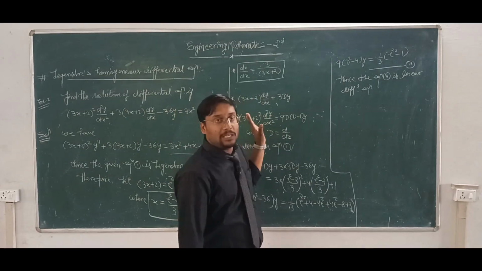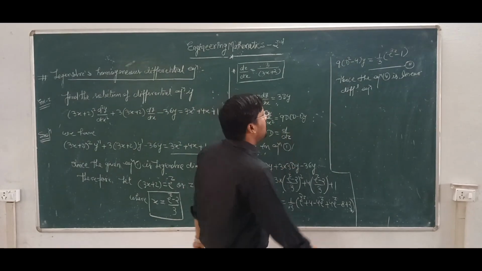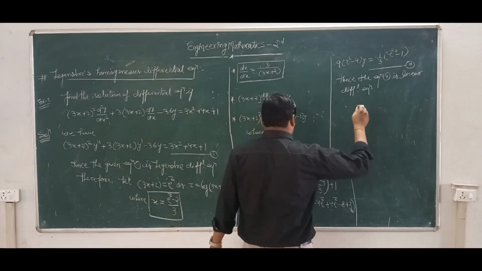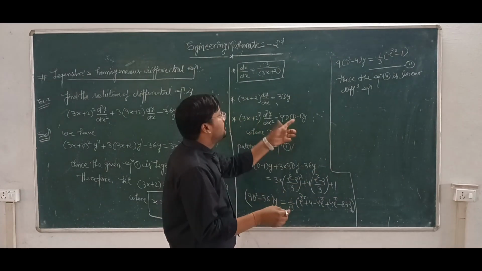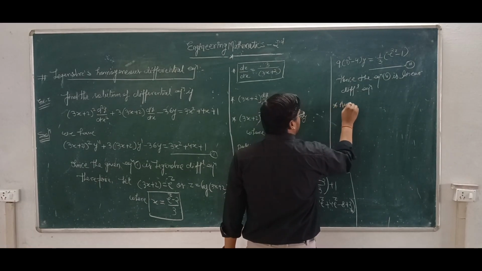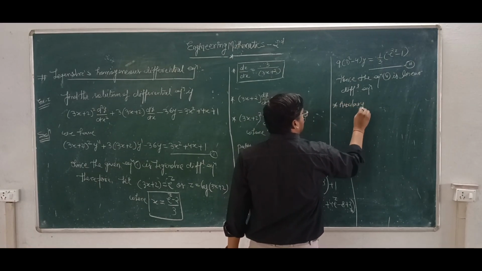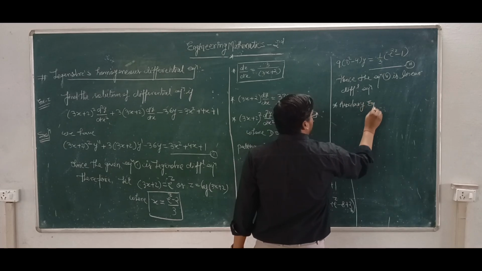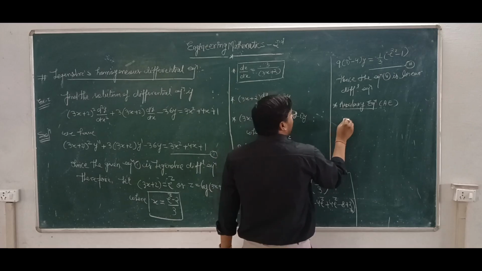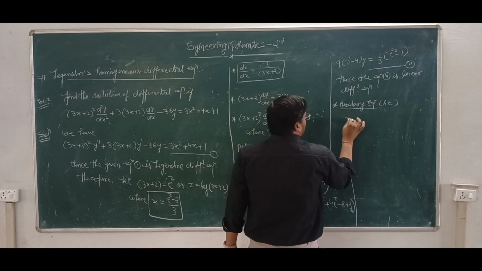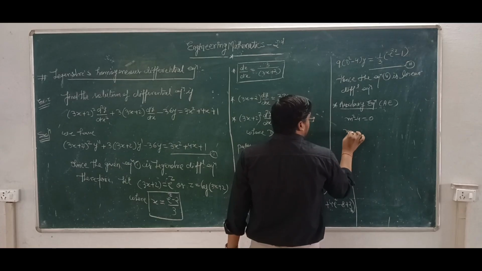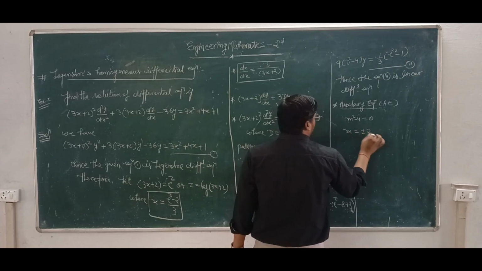Now the solution of this differential equation. First of all, you can find the AE, this means auxiliary equation. You can write m² − 4 = 0, where m = ±2.